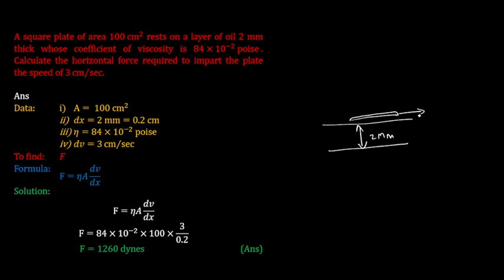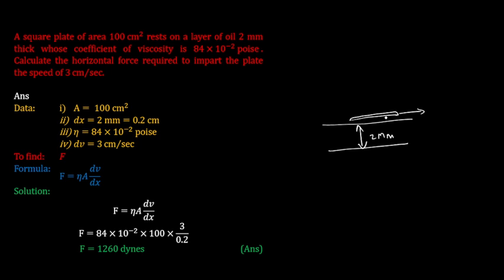When we pull this square plate, there is a resistance due to the friction between the plate and the layer of liquid below it, and because of that friction it is difficult to pull this plate easily. The force of resistance arises because of the viscous nature of the liquid.